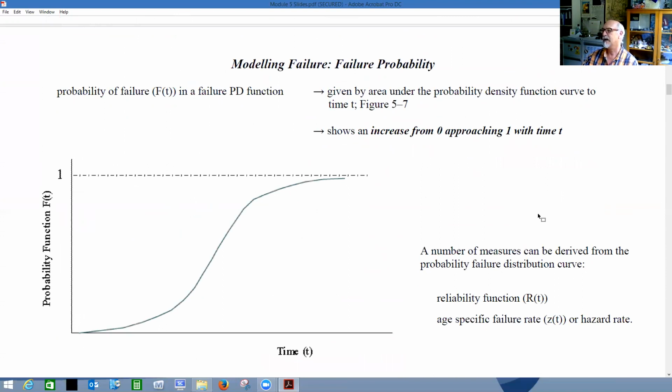And as you can see, it's increasing from 0 approaching a failure of 1. If you remember in probability theory, if we set the probability of something to be P, then for it to occur, we say that the probability of something occurring is 1, or it could be 50% of the time, so that would be 0.5, or 75% of the time, 0.75.